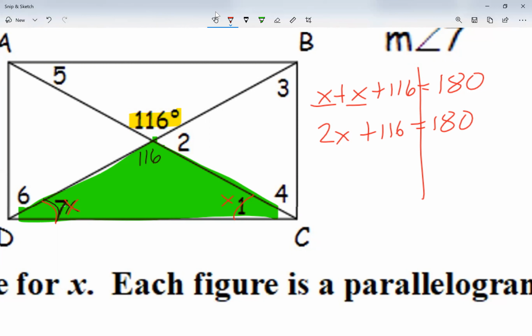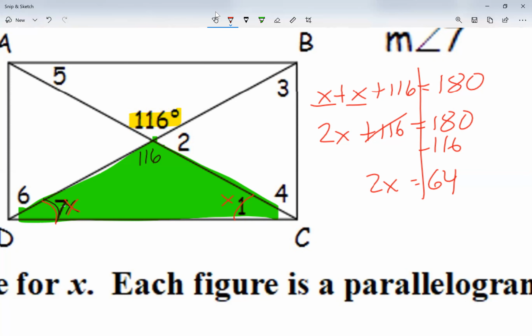Okay, so now I don't want the 116 here. When I move it to the other side as a minus 116, I get that 2x is equal to 180 minus 116, which gives me 64. So I have 2x equals 64.